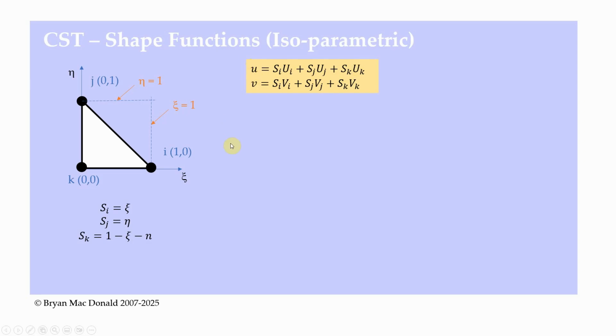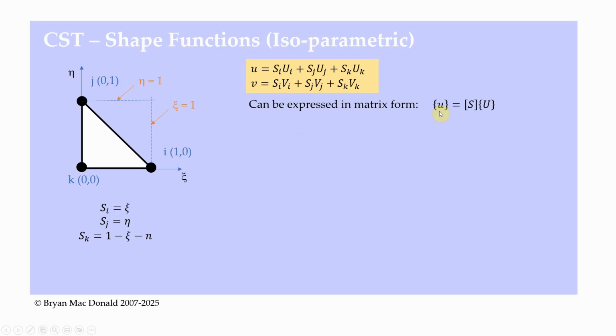So for example, if we wanted to find the displacement of a particular point in here, once we knew its eta and neta coordinates, we can find out what the values of the shape functions are at that point. And once we put those in here with the known displacements of the nodes, we can find the displacement at that point. So we can interpolate displacement within the element using the shape functions.